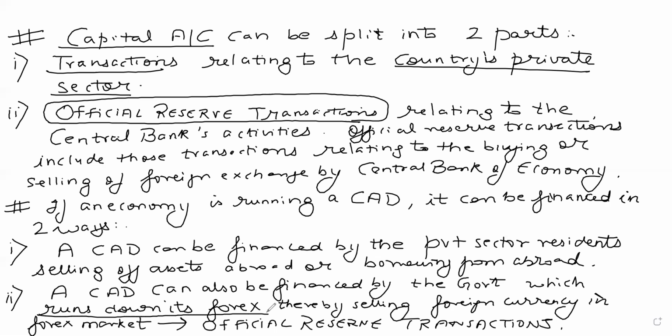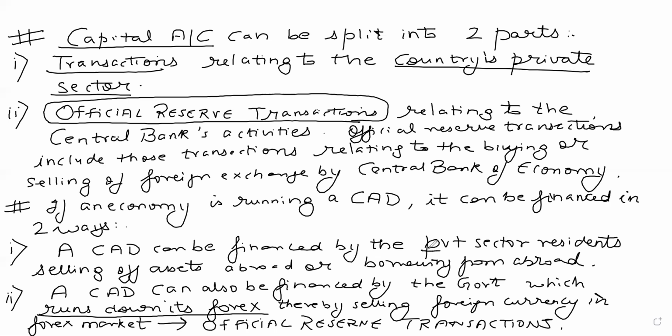So, if I quickly revise, when we talk about the capital account, it consists of two types of transactions. Transactions relating to buying or selling of physical or financial assets by the country's private sector. The second type are the official reserve transactions, which are purely carried out by the central bank and pertain to buying or selling of foreign exchange reserves by the central bank in the foreign exchange market. Now, if the economy runs a current account deficit, you can finance that deficit in two ways.